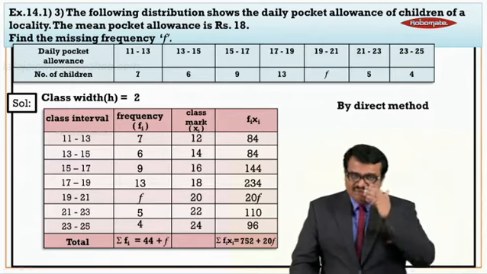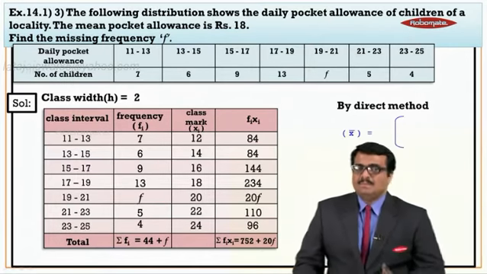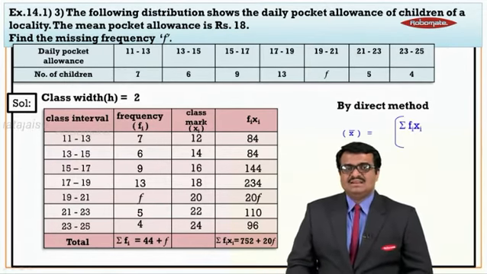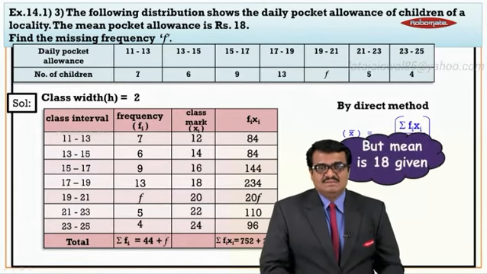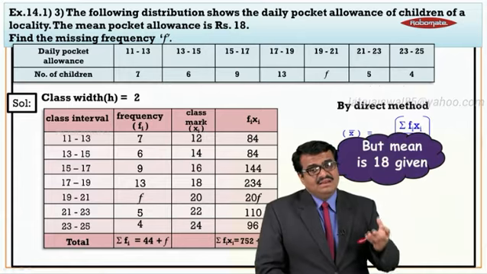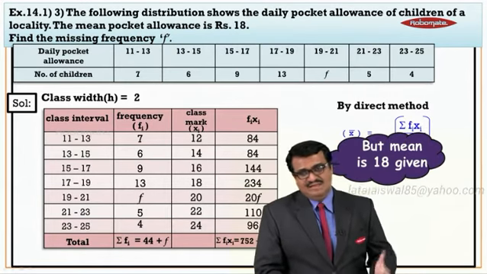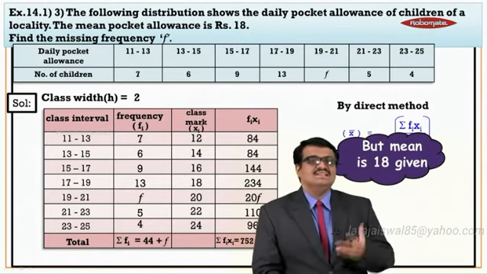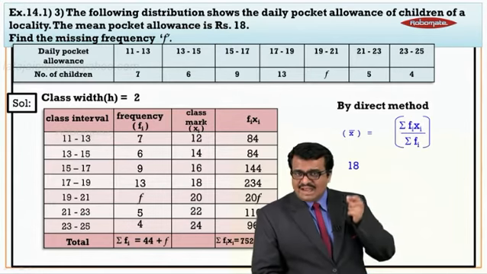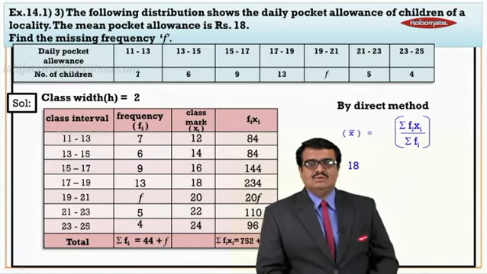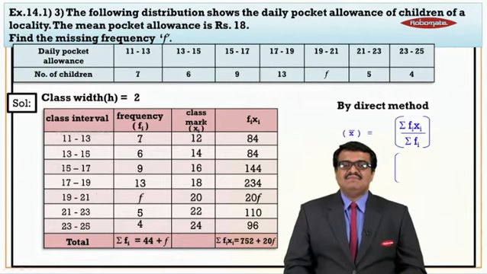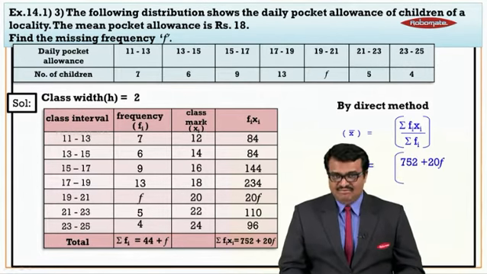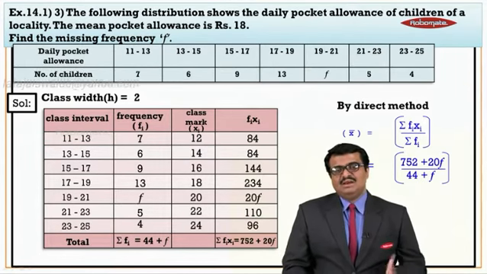After finding this, by the direct method, the mean formula says mean is nothing but sum of Fi Xi upon sum of Fi. In every sum we were calculating the mean, but in this sum, mean is given to you as 18. So below that X bar, we will write 18 is equal to sum of Fi Xi, which is 752 plus 20F, upon sum of Fi, which is 44 plus F. Now let us calculate this.